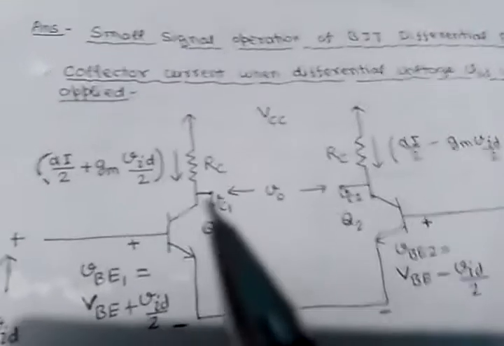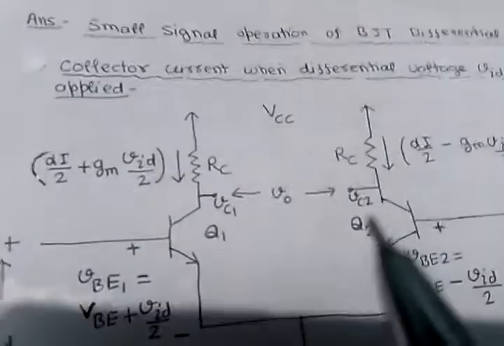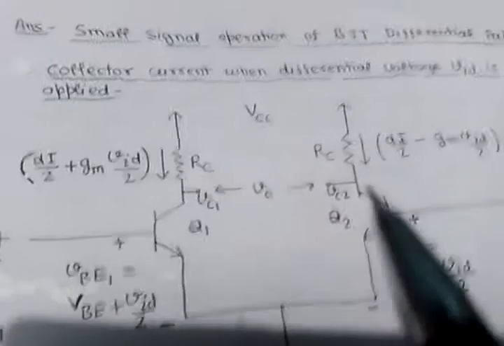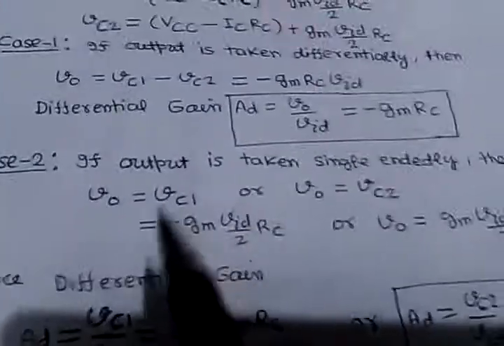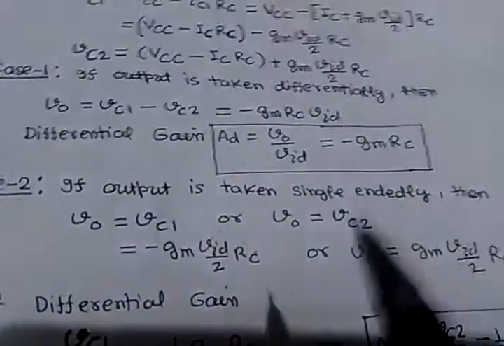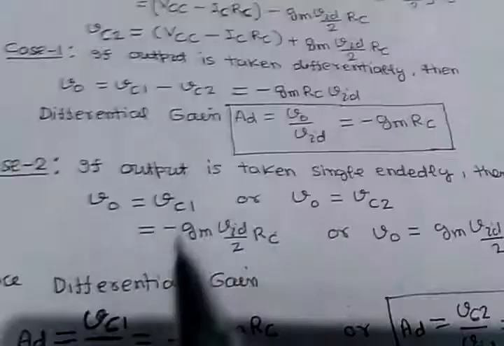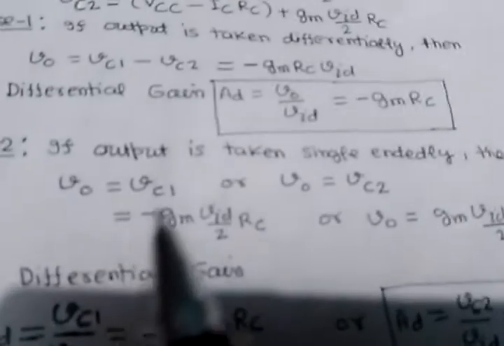In that case output will be VC1 with respect to ground or VC2 with respect to ground. So in second case, the output is taken single-endedly, then we can write VO equals VC1 or VO equals VC2.